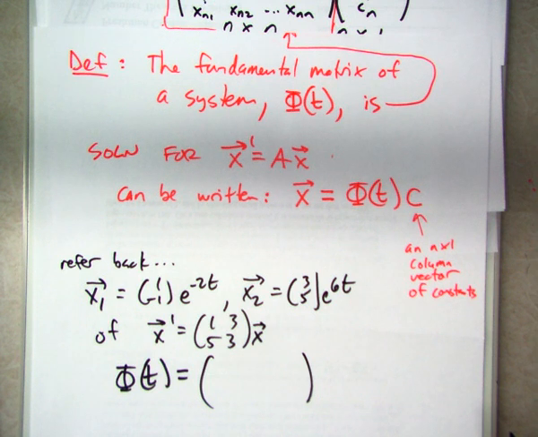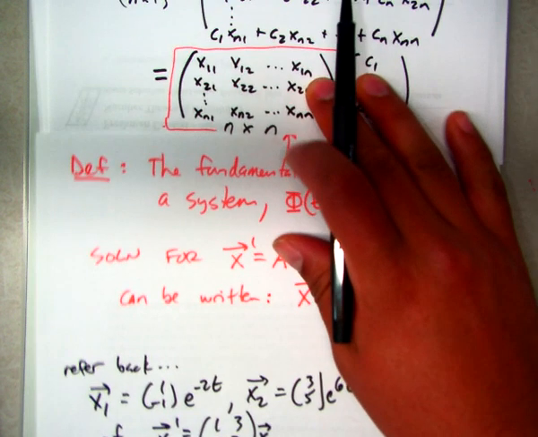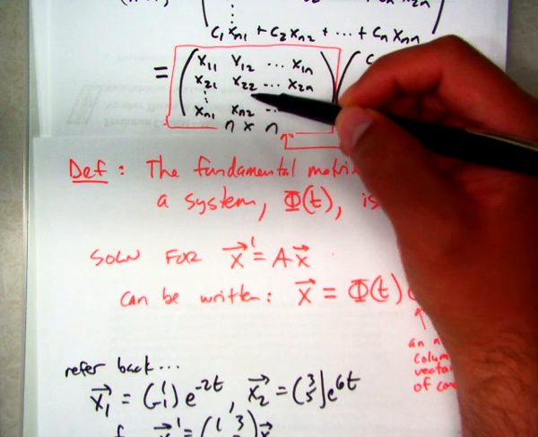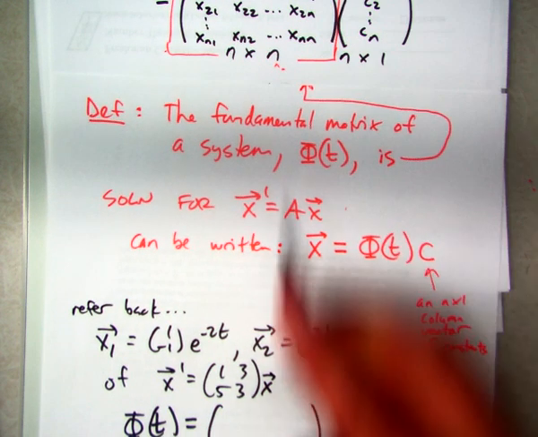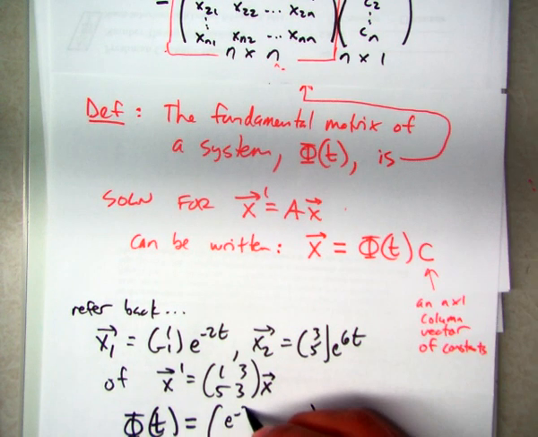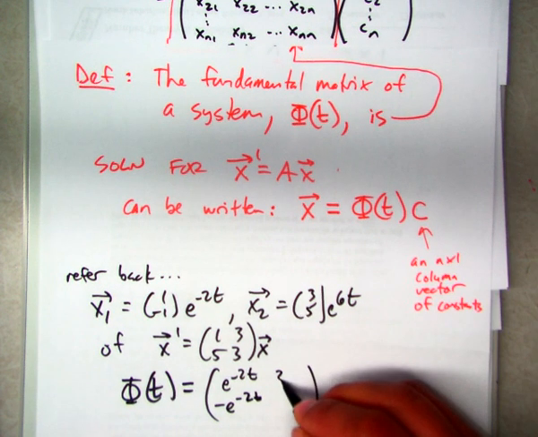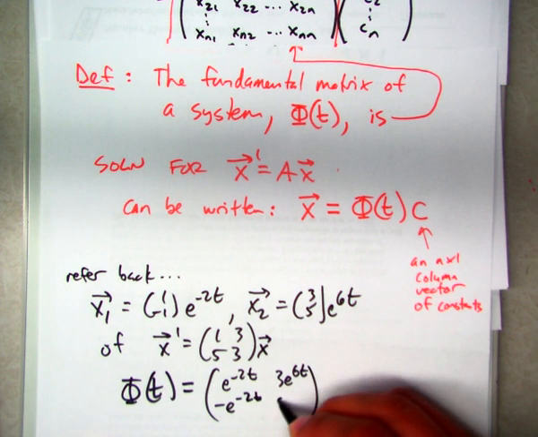All we're essentially doing is putting in your x1, your x2, and that's it. So x1 would be e to the minus 2t, negative e to the minus 2t. And then your x2 is 3 e to the 6t, 5 e to the 6t.